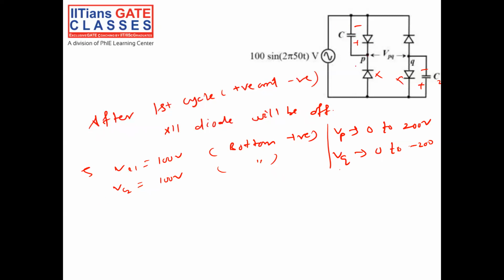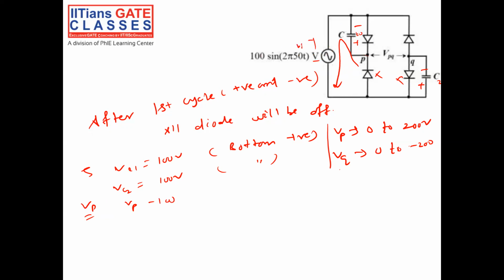So you put a KVL here. Vp minus 100. So how to calculate Vp? Apply KVL. So this is Vp minus 100, Vp minus 100 volt is here, minus 100. This is plus or minus Vin, right?